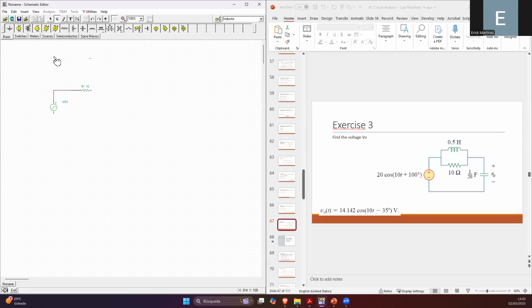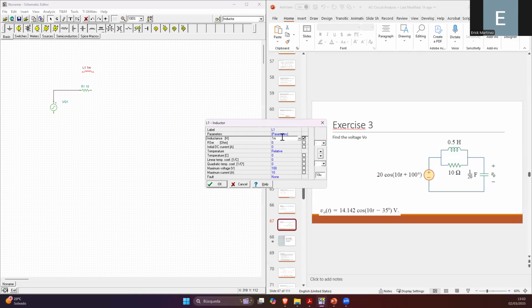And then we can place the inductor. This inductor has a value of 0.5, so you place the value of the inductor in this region, which in this case is 0.5 according to the diagram, and then we click OK to indicate the value of the inductor.